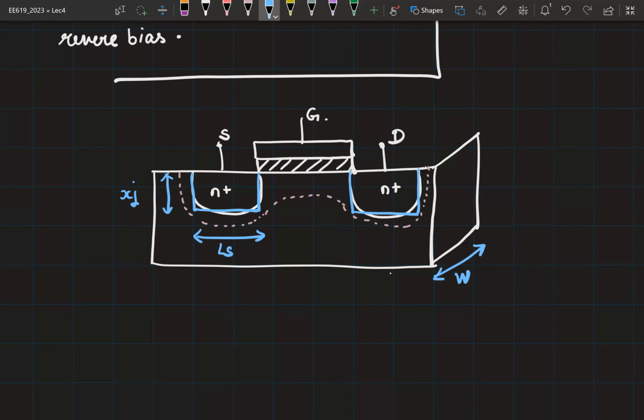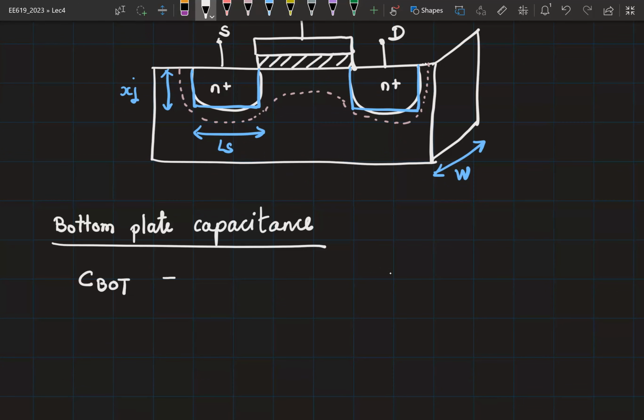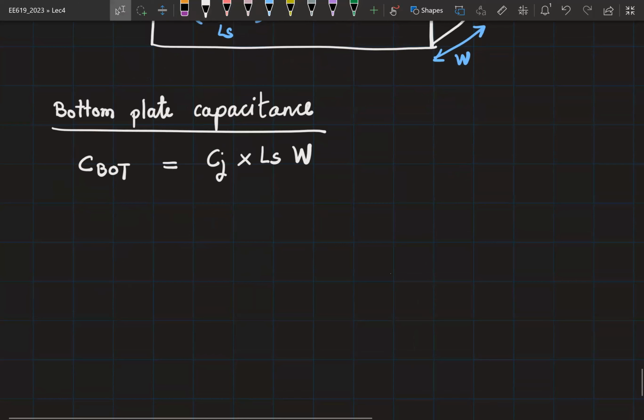So this is the bottom plate capacitance, C bottom. So this is Cj into Ls into W. Okay. And like we saw, there is no top plate capacitance. Now we will look at the side wall capacitances.